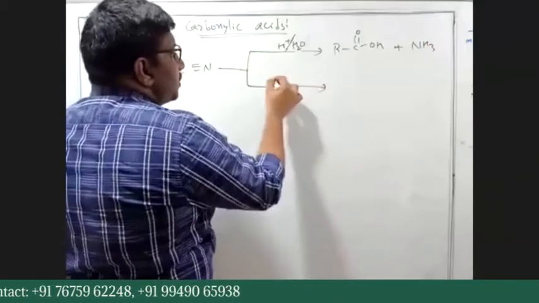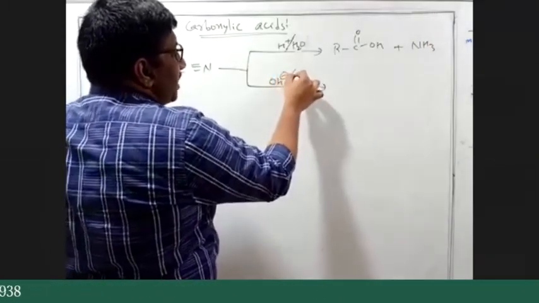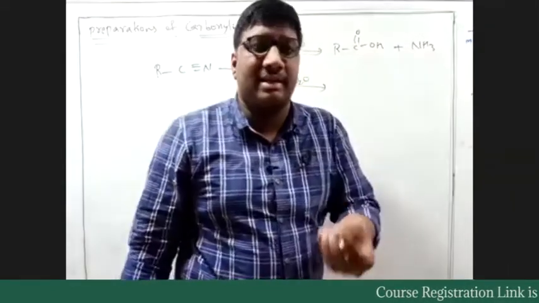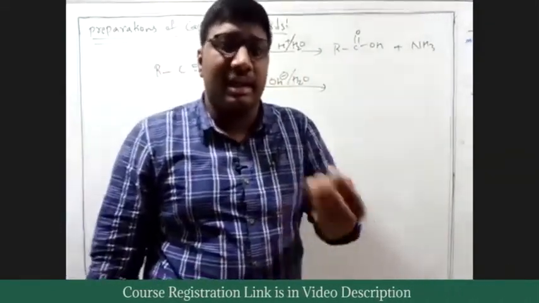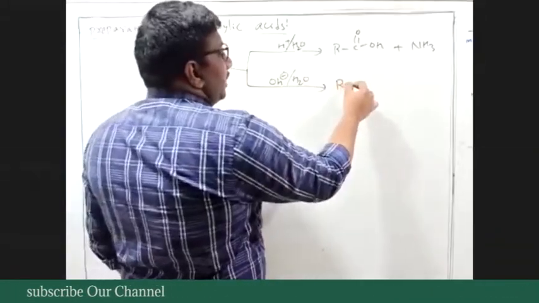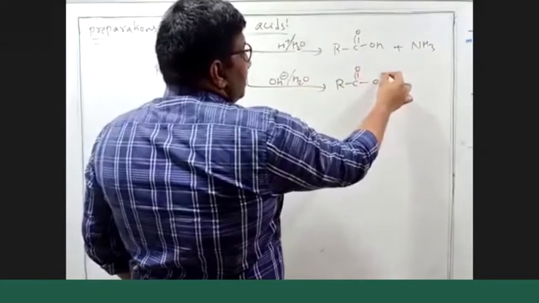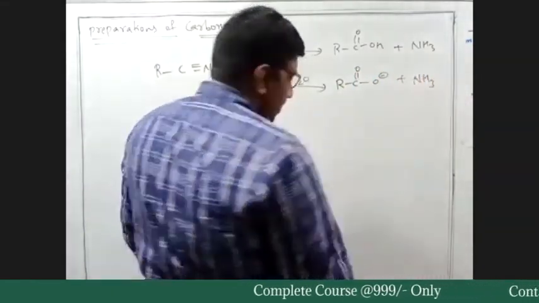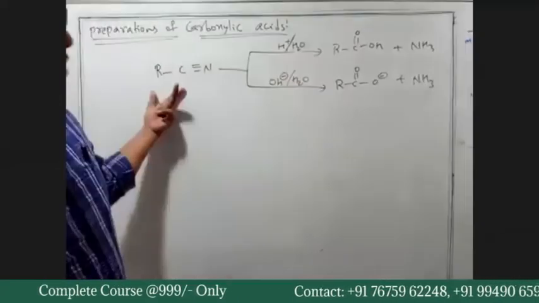Similarly, if you choose basic hydrolysis, OH minus in the presence of H2O, that is the same aqueous solution, but you are adding some amount of base like NaOH or KOH. Then you get the carboxylate ion RC=O minus plus NH3 released.